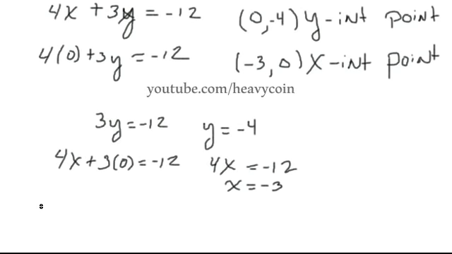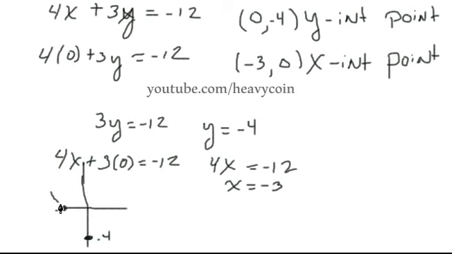I guess at this point, the whole idea is we were actually trying to sketch the graph of this thing. So once we get those 2 points, (0, negative 4), negative 4 is down here. Okay, this is (0, negative 4), and then (negative 3, 0). So x is negative 3. We'll say this is (negative 3, 0) right here.